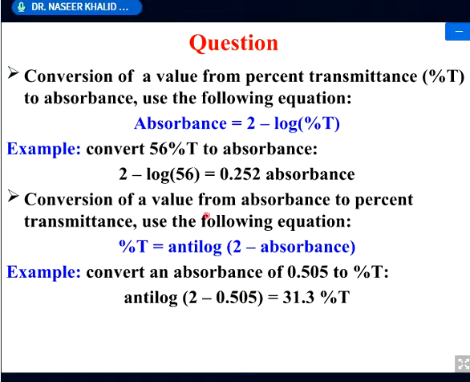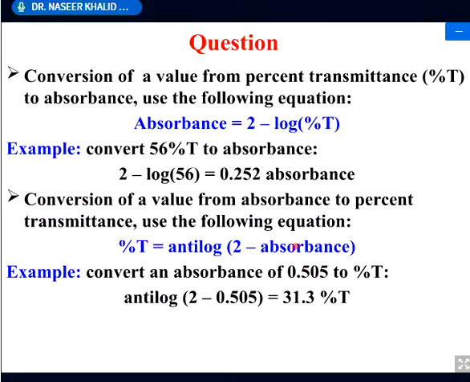Now, conversion of the value from absorbance to percentage transmittance. If we have the absorbance, we can calculate the percentage transmittance, and that is percentage transmittance equals anti-log of 2 minus absorbance. Now convert an absorbance of 0.505 to transmittance.